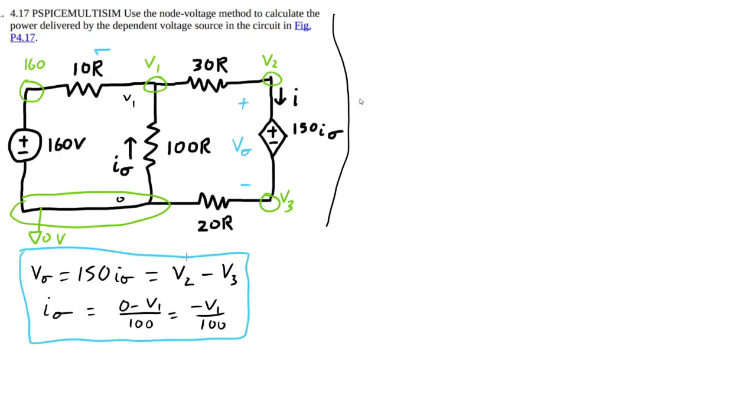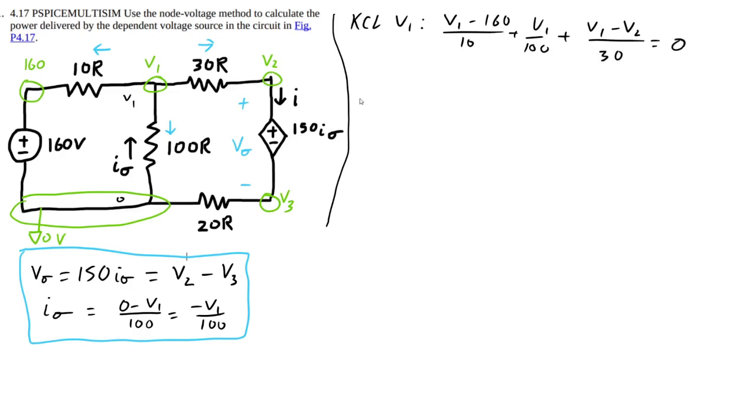So I'm going to do a KCL at this node V1. KCL V1 is V1 minus 160 over 10 plus V1 minus 0 over 100 plus V1 minus V2 over 30, all equals 0.